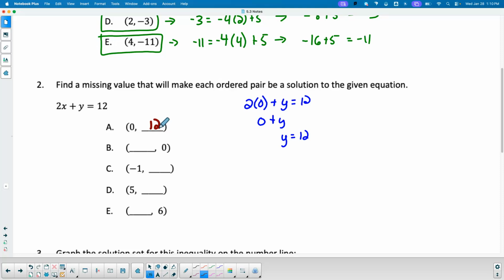In part B, what are we doing? Replacing the y with 0, right? Okay. So then that would be 2 times x plus 0, I don't have to write it, equals 12. So x has to be 6. Yep.